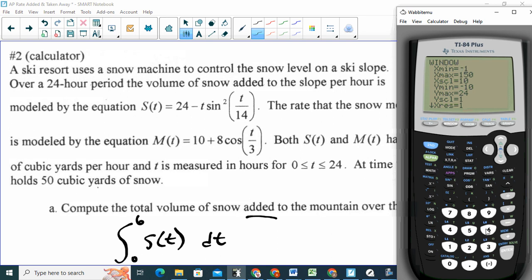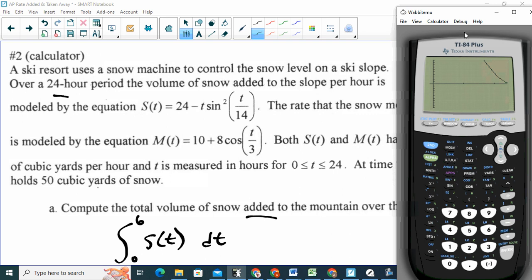We should change our window to go from 0 to 24 because we're looking at the first 24 hours. The y min and max, let's leave it negative 10 to 10 for now. And take a look at our graph.